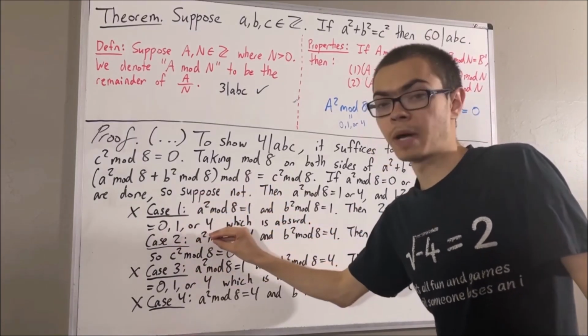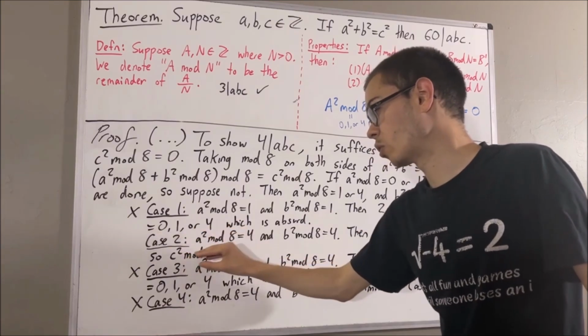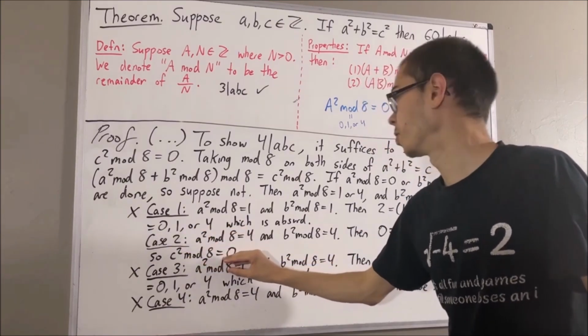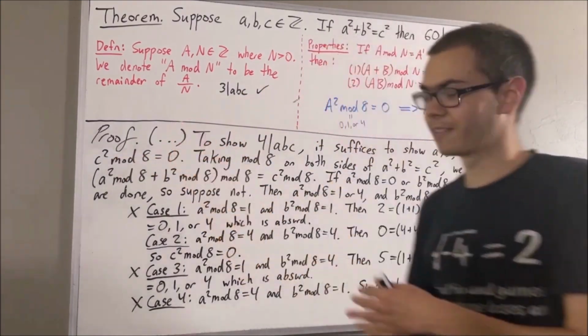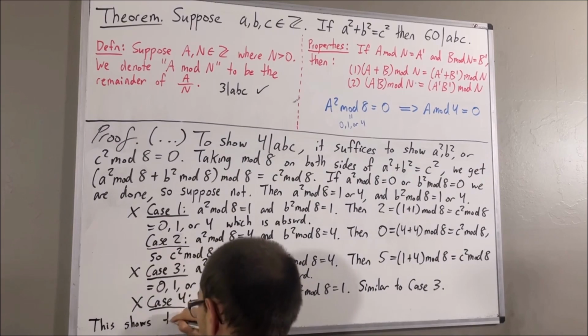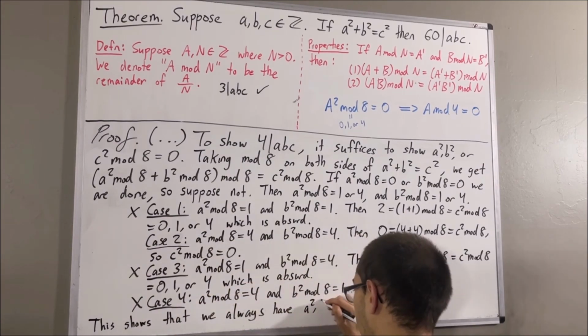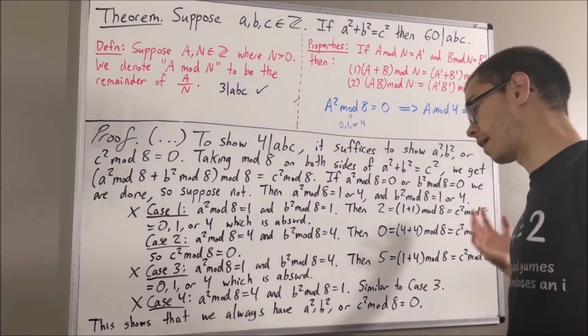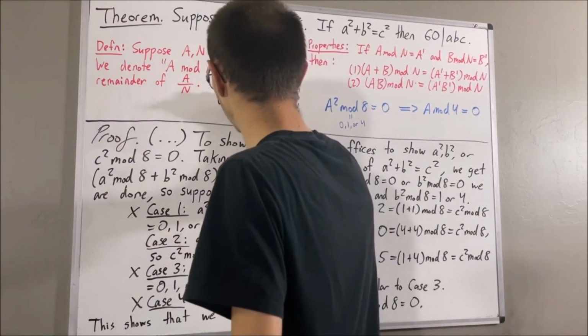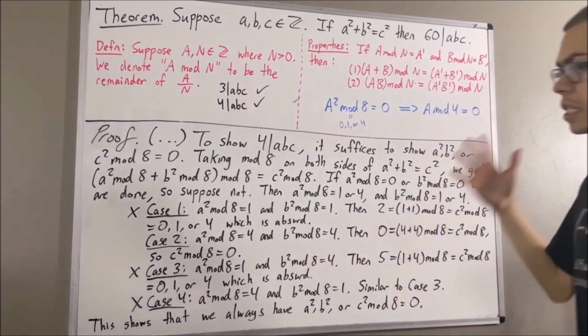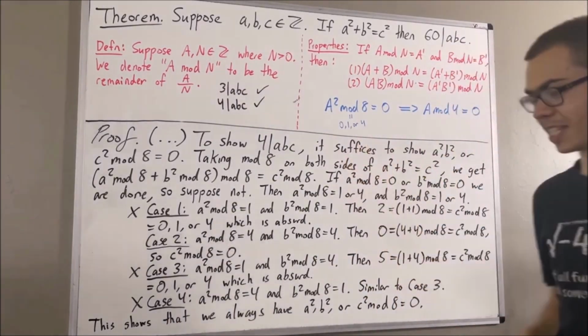Only one of them was possible. And in that case, c squared mod 8 is equal to 0. So at least one of these guys is equal to 0, no matter what. And as we said before, this is enough to show 4 divides ABC. So now, all that's left to show is that 5 divides ABC.